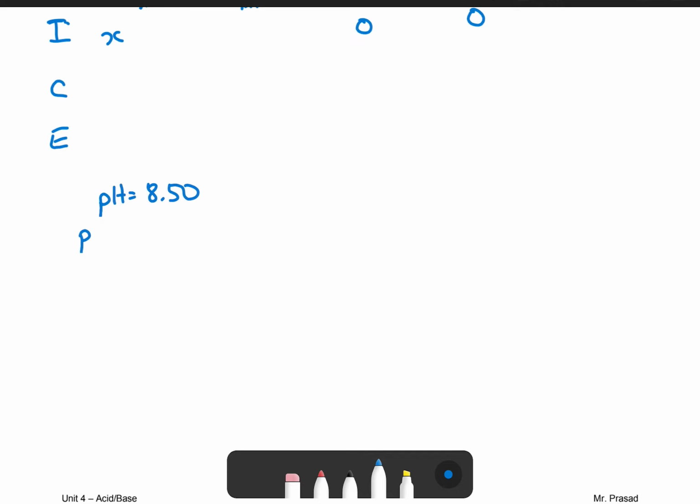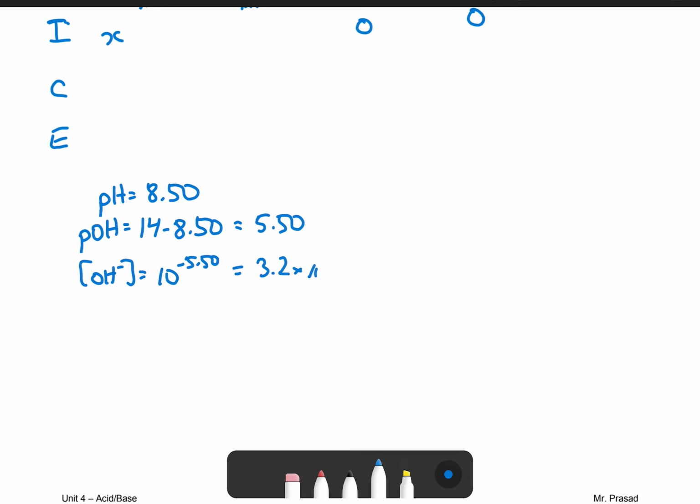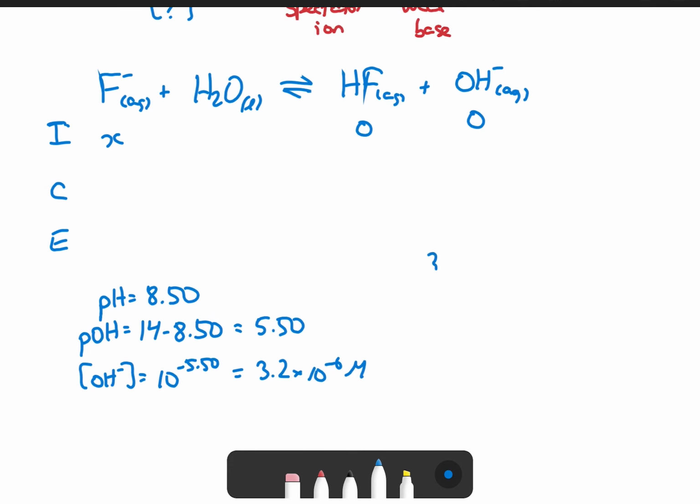So if our pH is equal to 8.50, our pOH would be equal to 14 minus that. And solving for pOH, it's equal to 5.50. And our hydroxide ion concentration will be 10 to the minus 5.50. And this will work out to 3.2 times 10 to the negative 6 molar.